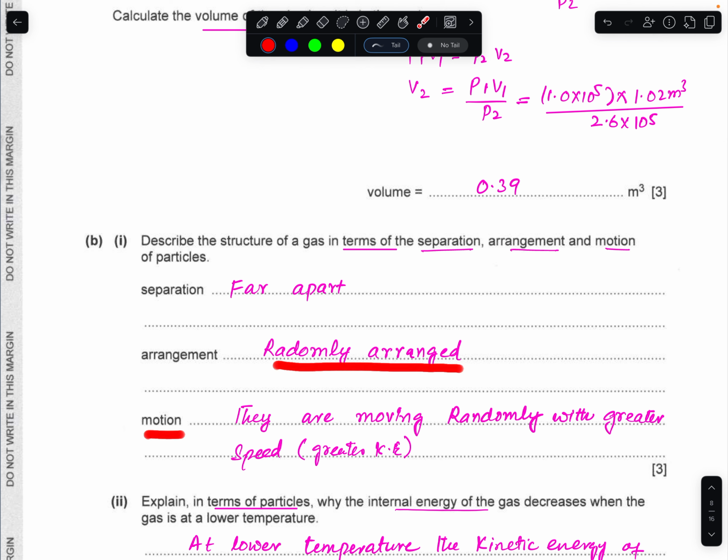If we talk about the motion of the particles, they have the highest kinetic energy, and they must have greater speed as well. They are randomly arranged, you can write it even here in the arrangement section. They have a higher speed because they have a greater kinetic energy.